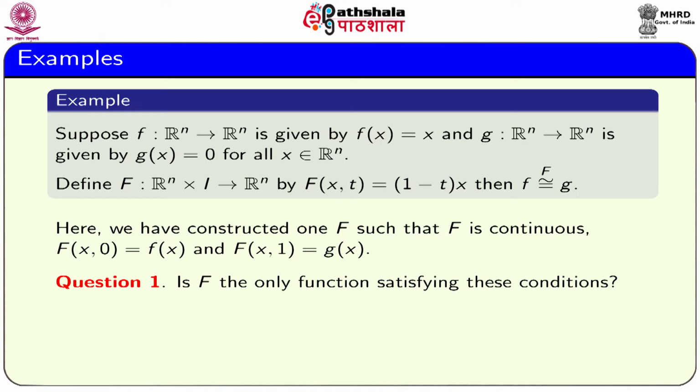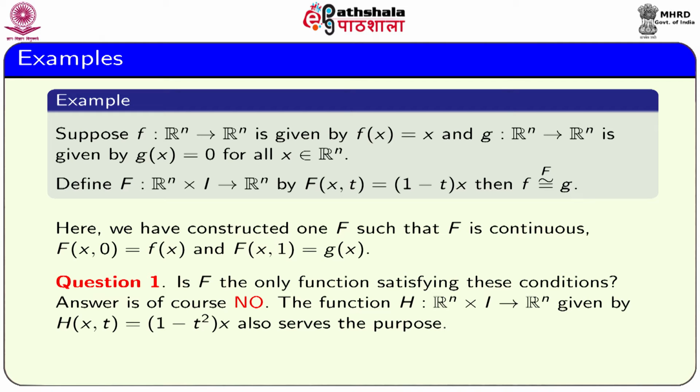Now the question is, is F the only function which satisfies these conditions? Answer to this question is definitely no. We can also think of another function, capital H, from Rn cross I to Rn, given by H(x,t) is equal to (1 minus t squared) into x.